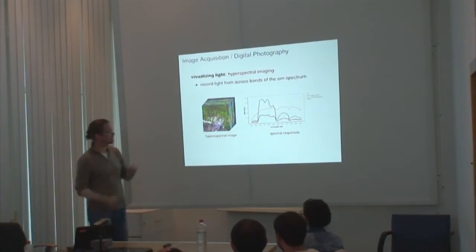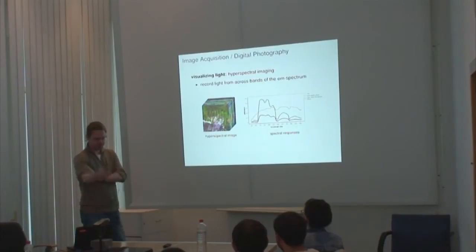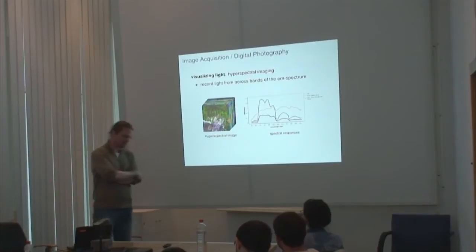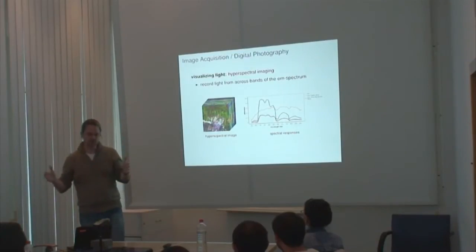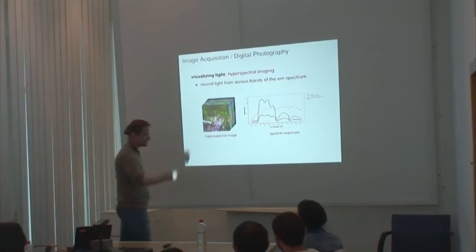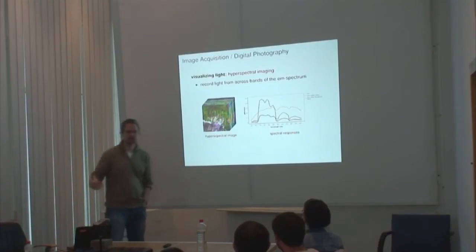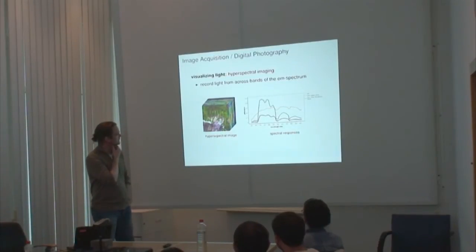These kinds of cameras, hyperspectral cameras, record reflected light, but they record reflected light on a larger part of the electromagnetic spectrum. They record many wavelengths at the same time. And I have illustrated that here.